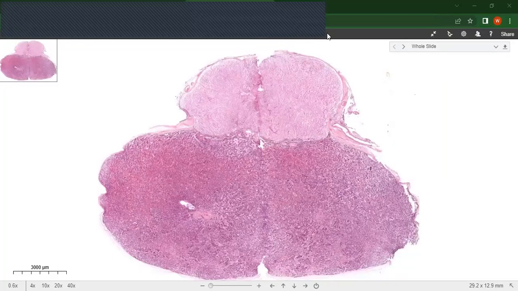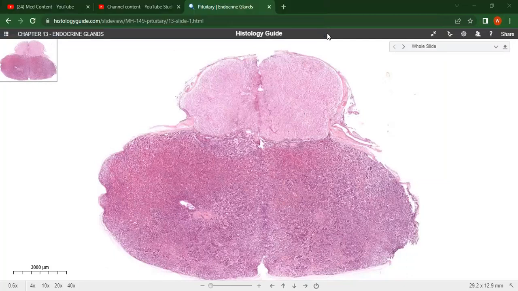Welcome. Today we are going to look at the histological organization of the pituitary gland. The pituitary gland is also known as the hypophysis cerebri. Histologically, it has two parts, as you can see even from this diagram.